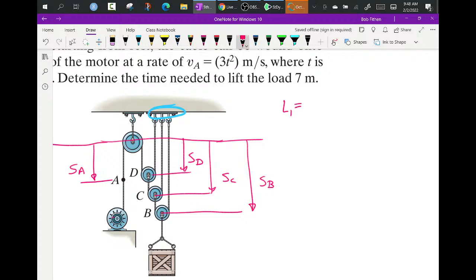So if I just haul off and start looking at them, I'll move them from left to right. So length of rope 1 is just SA. Whoop, I always like to put the delta first. Delta plus SA. So that's this distance taken care of. Well, here's an interesting thing. This is going to seem weird, but do you need to even care about that part? And in fact, no, you don't.